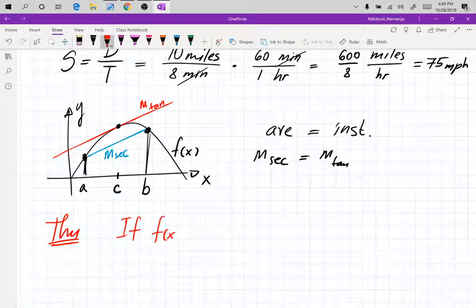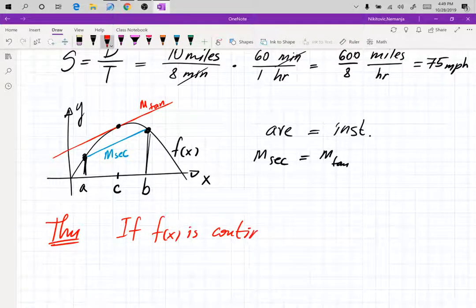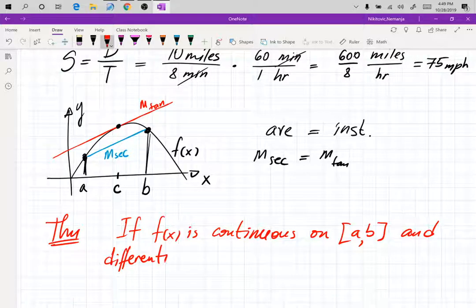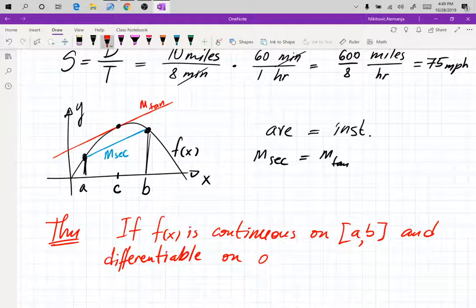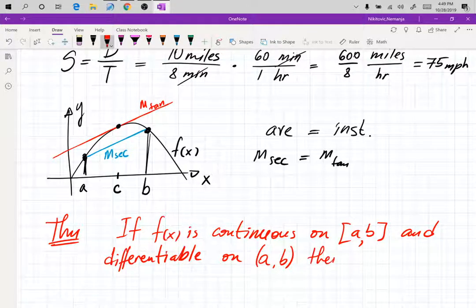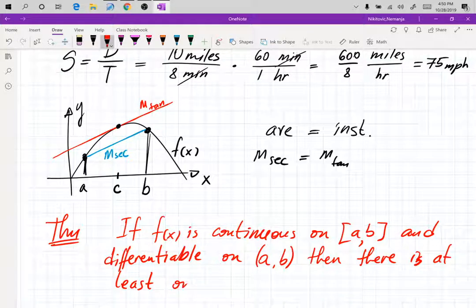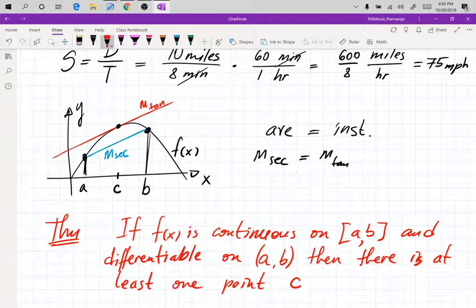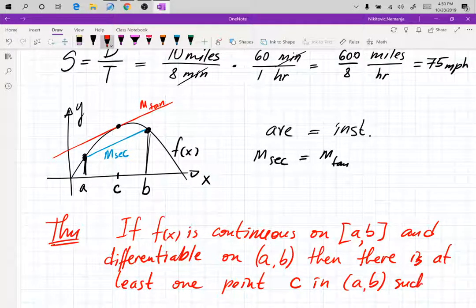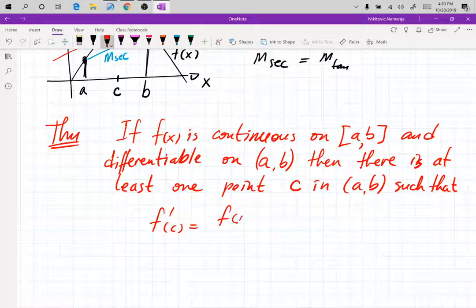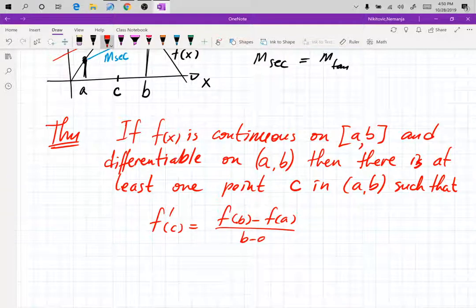So if f of x is continuous on some closed interval a, b, and differentiable on open interval a, b, then there is at least one point C in (a, b) such that, and here is the formula that you will be using, f prime of C is equal to f of B minus f of A divided by B minus A.